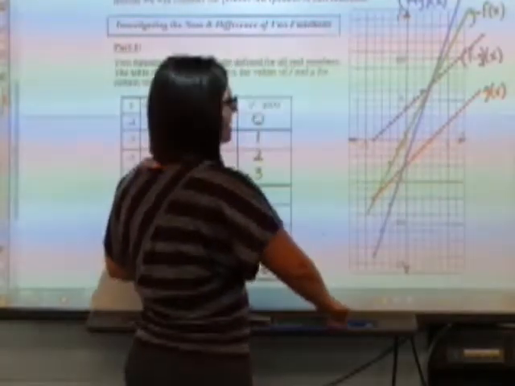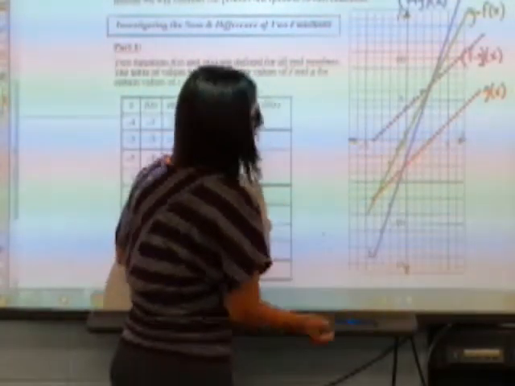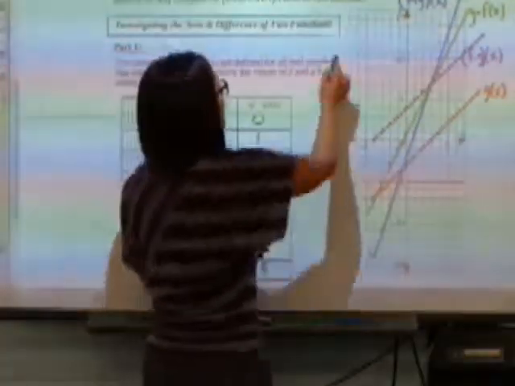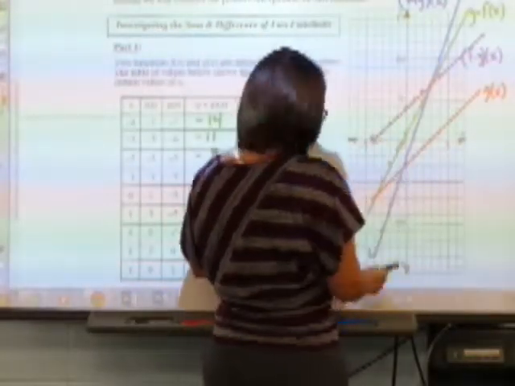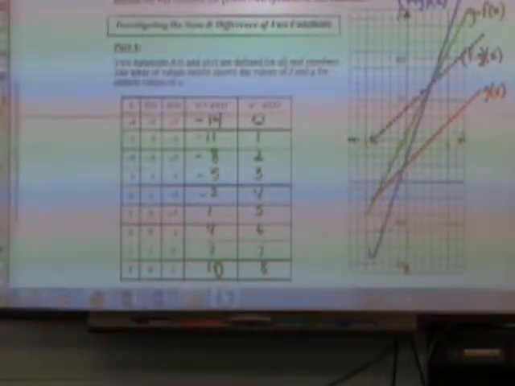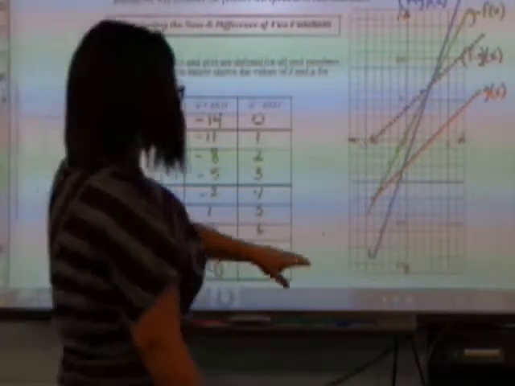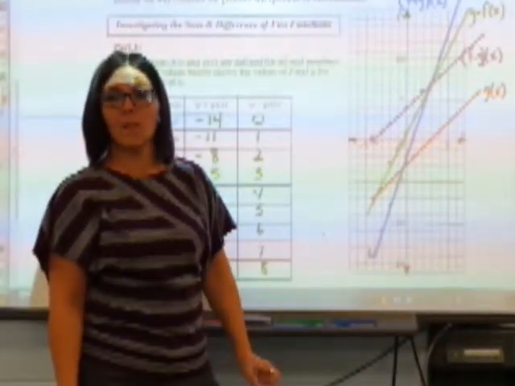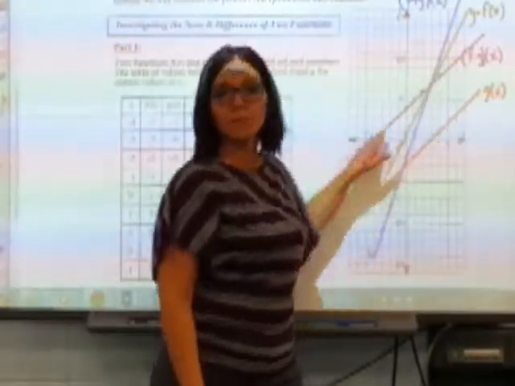So when I draw this out, I could put arrows at both ends, right? And the same with this one, I could have an arrow at both ends. So my domain can be any x value. What can my range be on my blue graph? Any y value. What about the purple graph?